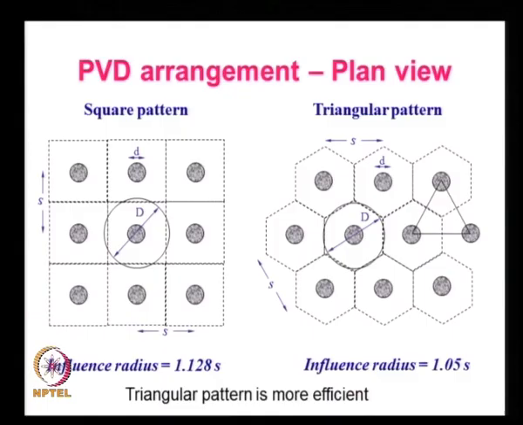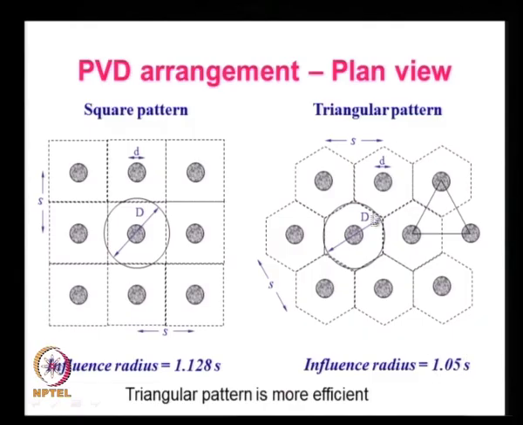And the triangular pattern has the advantage that the circle fits better within this hexagonal shape, and because of that the influence areas from one sand drain do not influence the soil from the other sand drain, and so there is a better coverage, and the influence radius in this case is 1.05 times the spacing S.